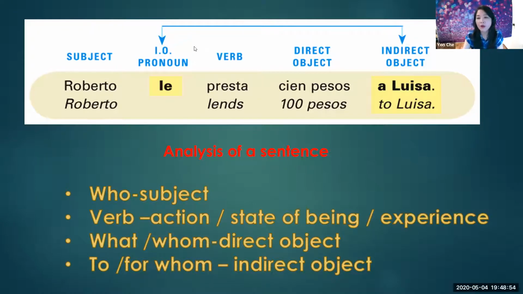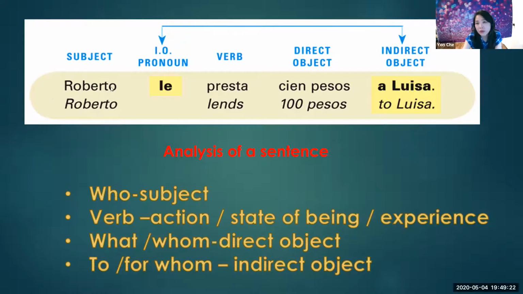Okay, all right. So remember again, if I ask you to identify the subject of a sentence, then if you don't know, you gotta ask who, right? And sometimes the subject of a sentence in Spanish is not always explicit because we are allowed to omit the subject of a sentence. And if the context is clear, you are allowed to say, le presta 100 pesos a Luisa.